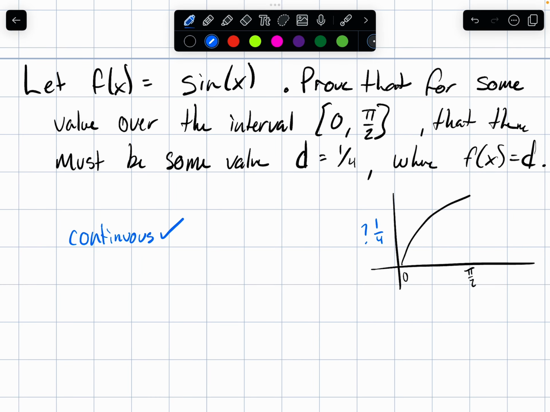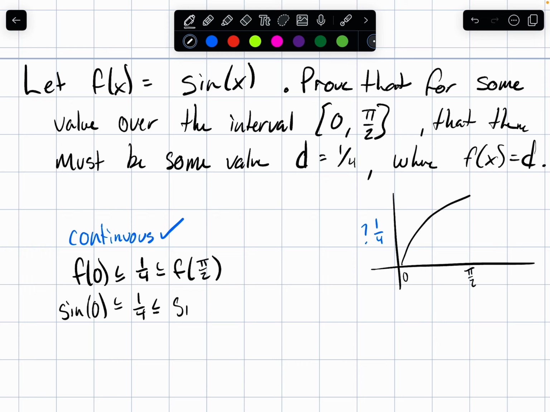I want to see where that exists. So I know it's continuous, and now we're going to deal with the kind of bounds. So f of 0, I want to check if, excuse me, if 1/4 is between f of 0 and f of pi over 2. So this means I'm going to take sine of 0 and compare it like this. And, oops, not f, we're going to go sine of pi over 2. Now I know sine of pi over 2 is what?